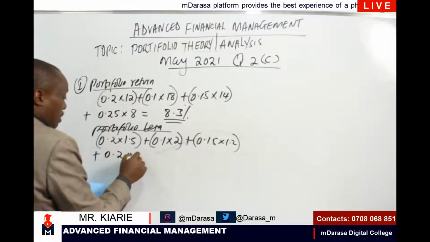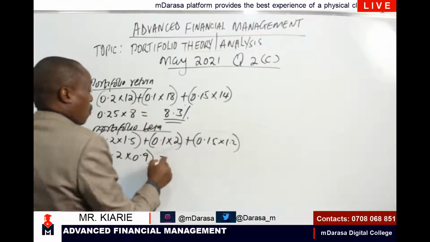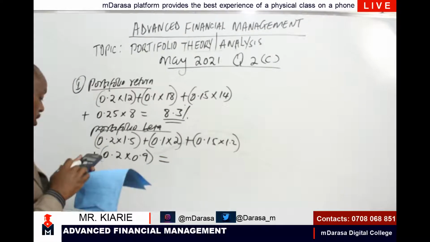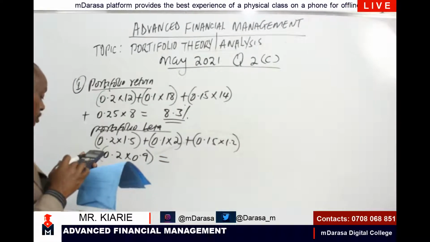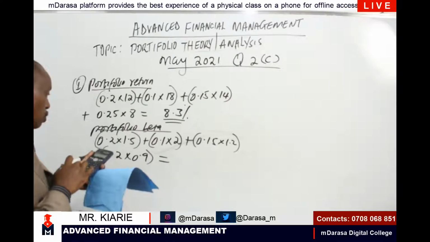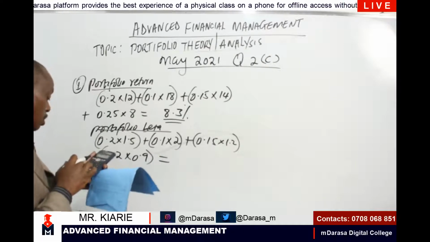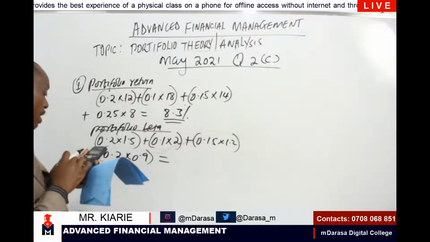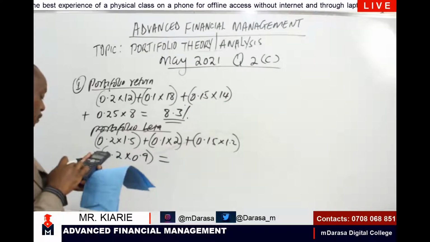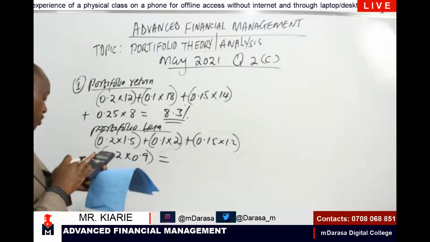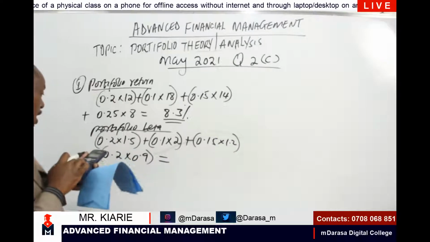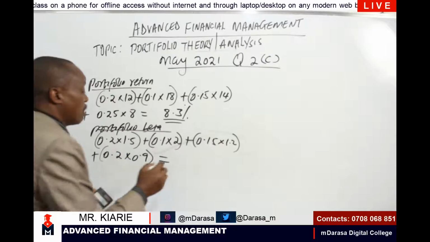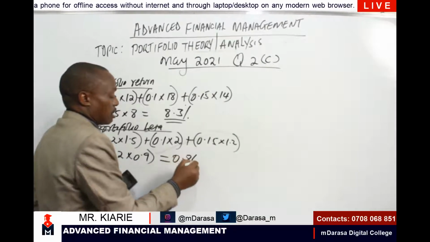Once we work it out, 0.2 times 1.5 plus 0.1 times 2 plus 0.15 times 1.2 plus 0.25 times 0.9, I'm getting 0.86.